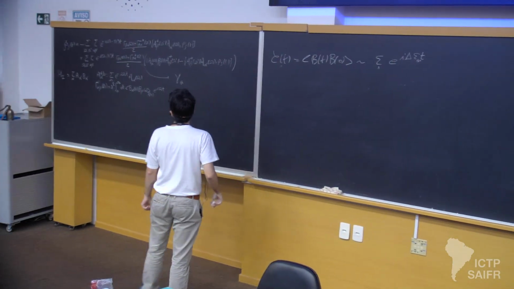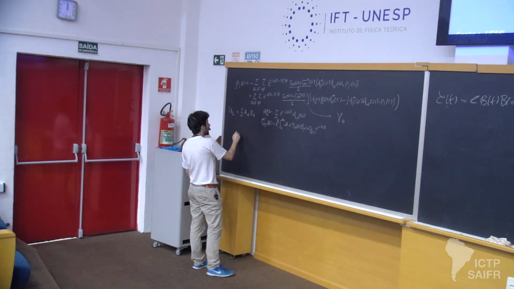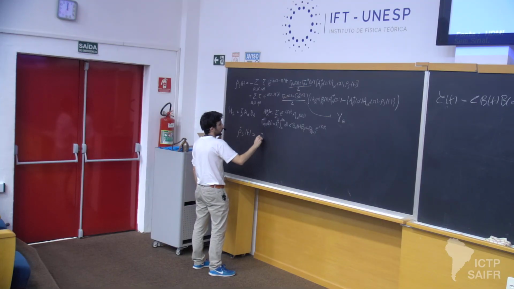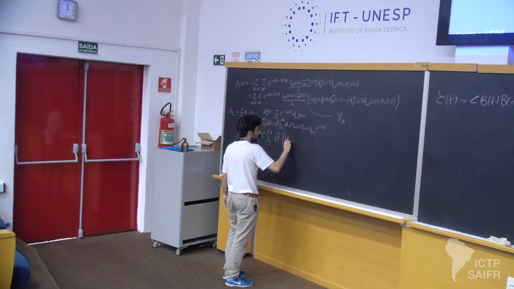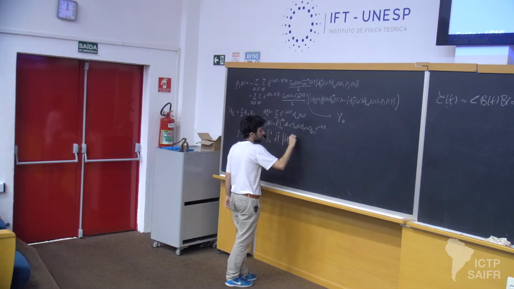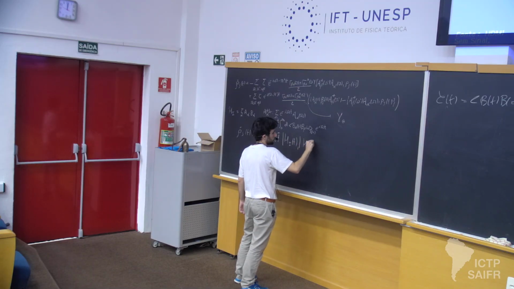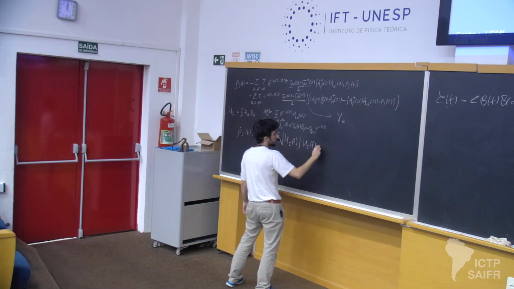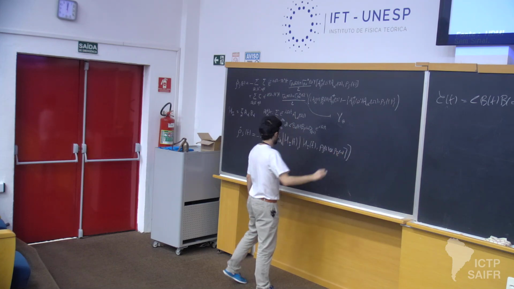Before doing the Markov approximation, we had this Born master equation, for the trace over the system and the initial state of the environment.